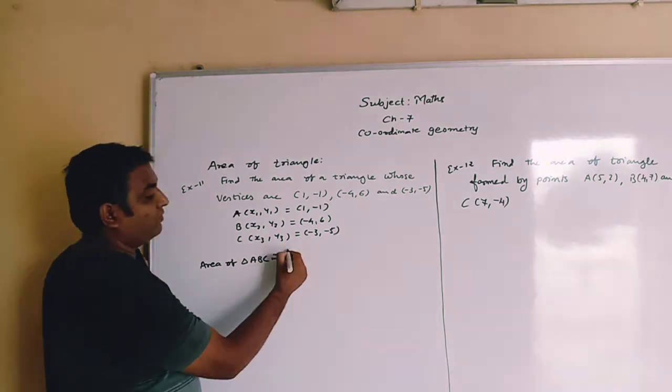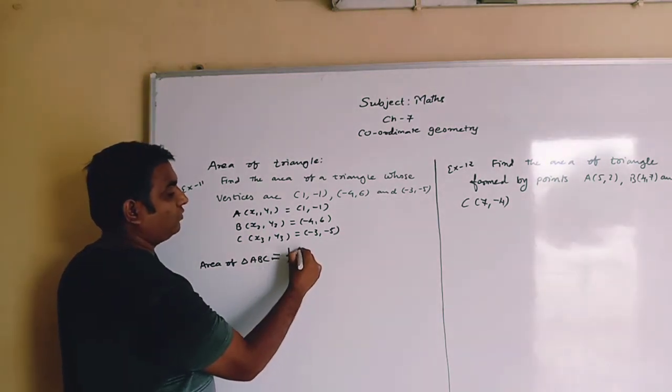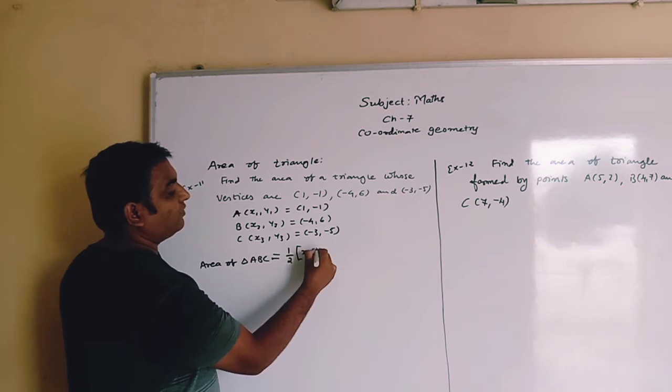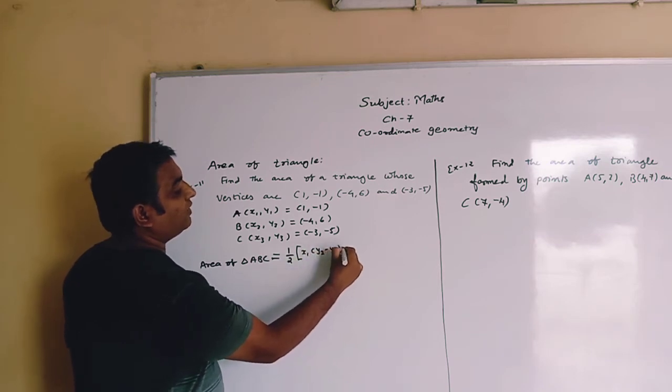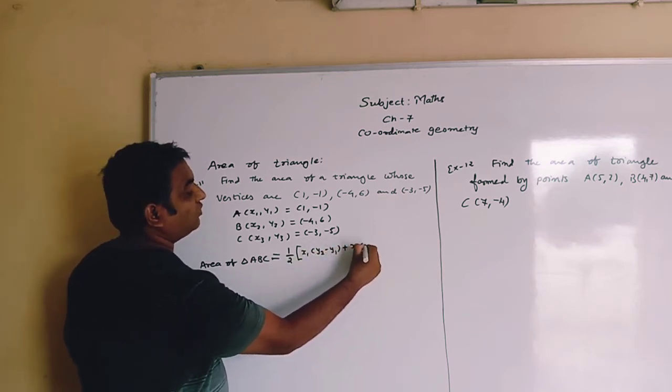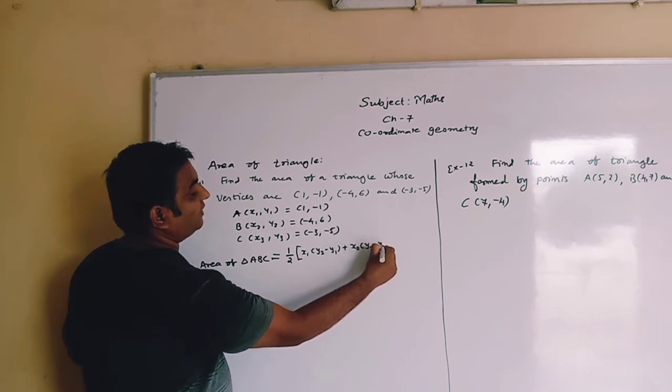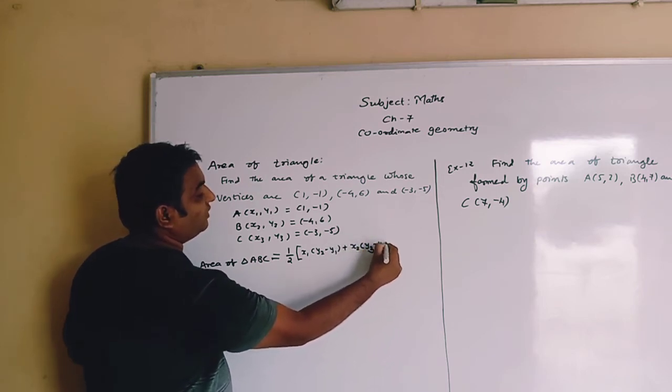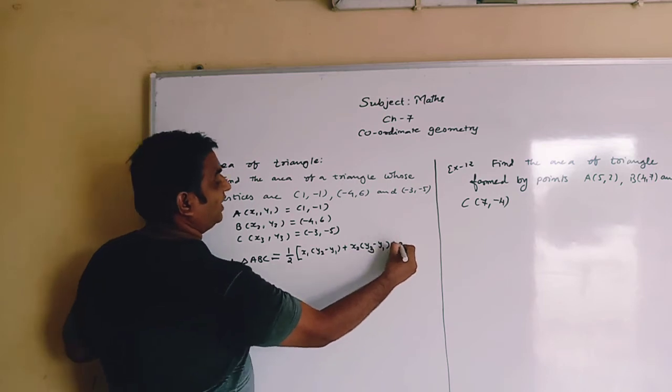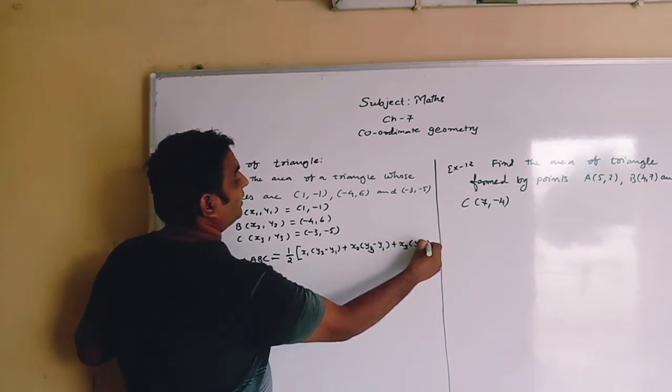Formula we have 1 by 2 [x1(y2 − y3) + x2(y3 − y1) + x3(y1 − y2)].